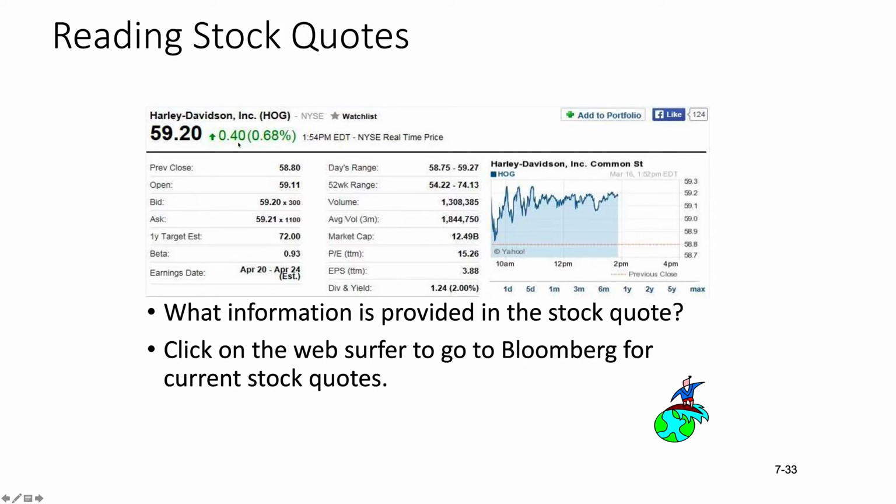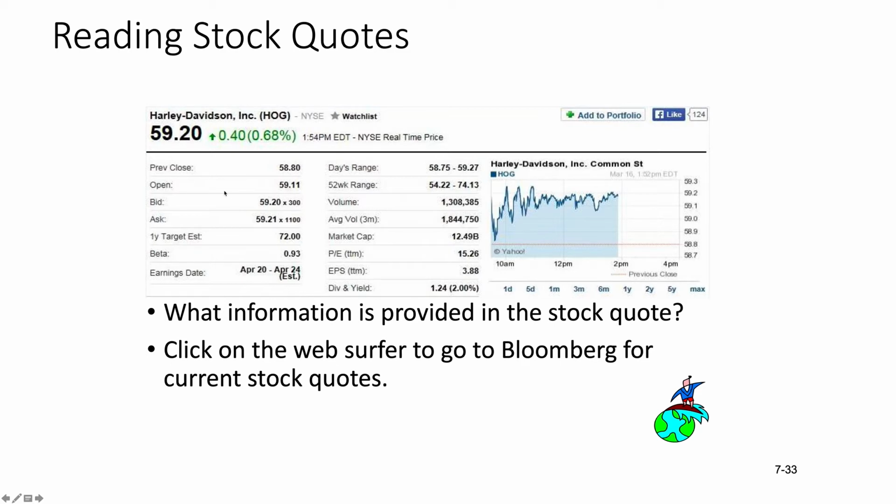They will tell you this stock on that particular day increased 40 cents. In percentage terms, it is 0.68% at 1:54 p.m. in the afternoon. All right. Now, the open price is 59.11, but it increased.